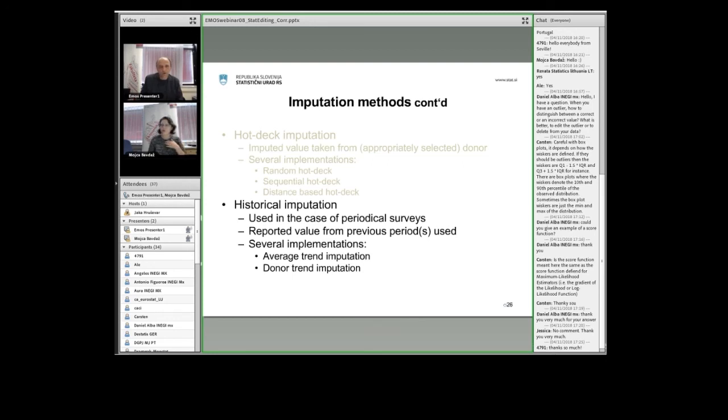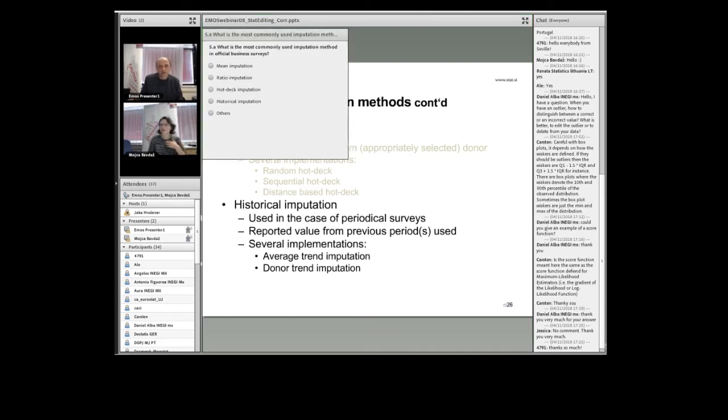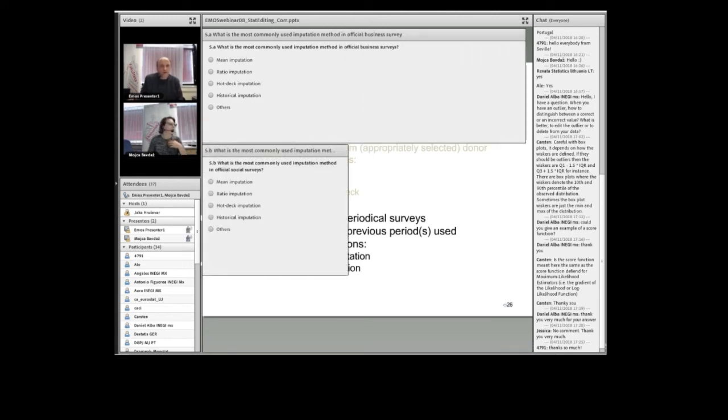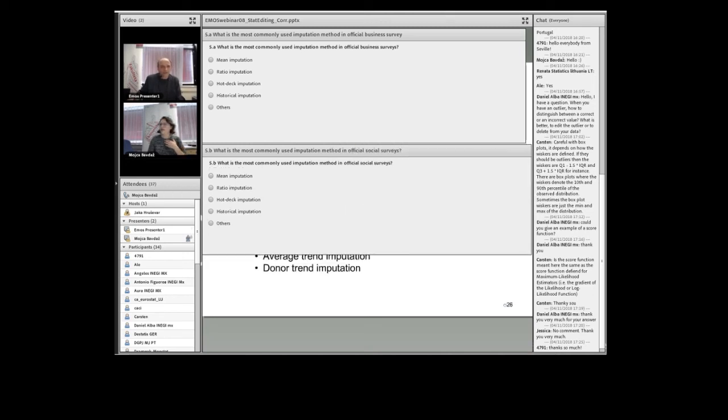What do you think are the most usually used methods in two types of survey? One is business surveys and one is social surveys. You can vote. So, business surveys on top and social surveys on the bottom, try to guess.